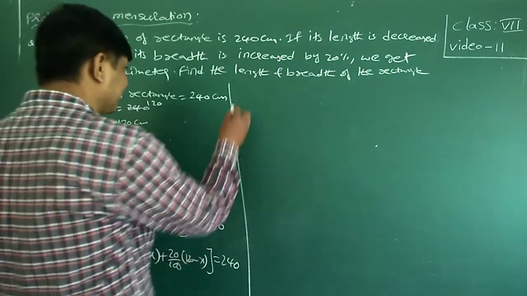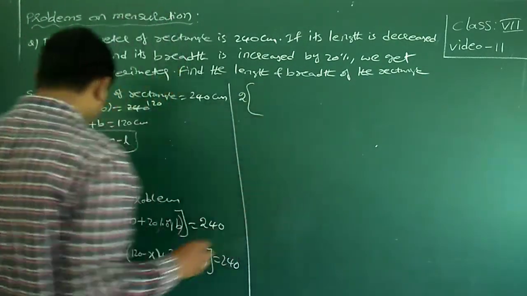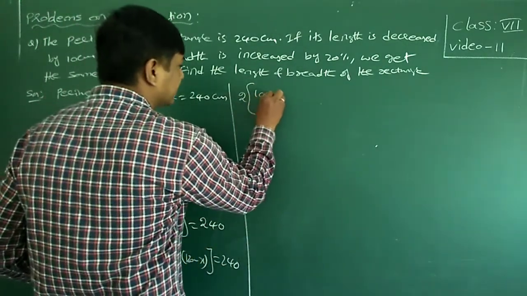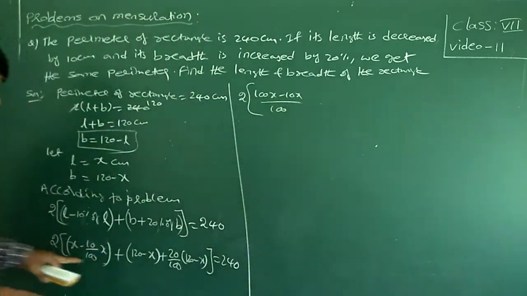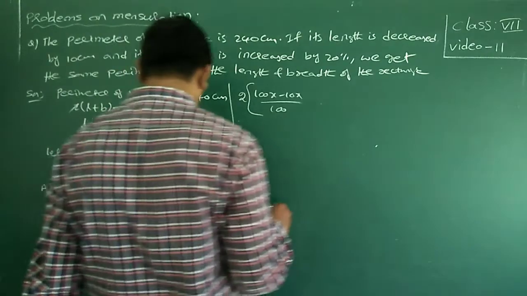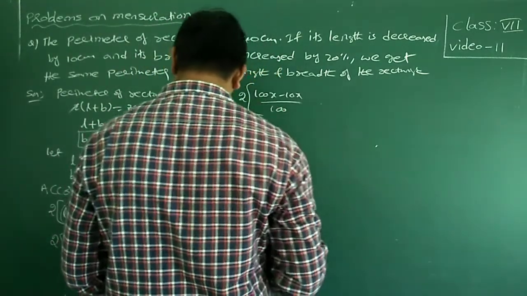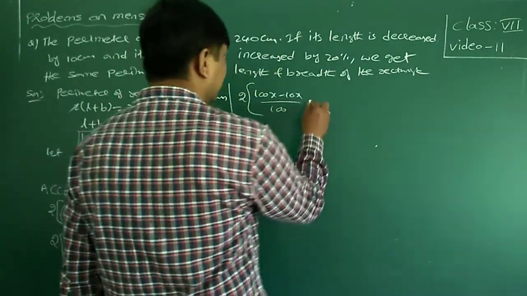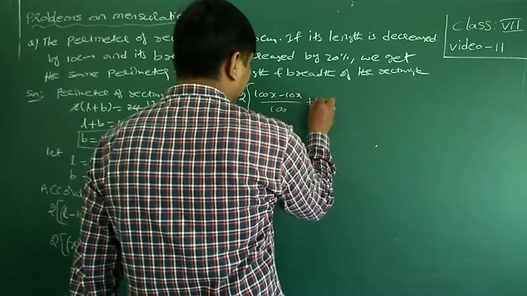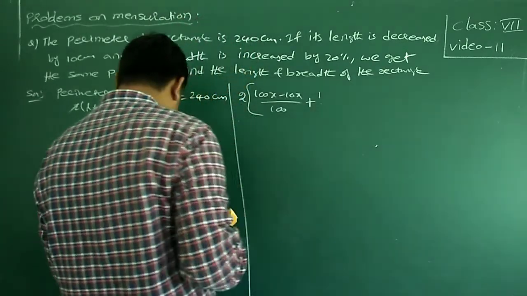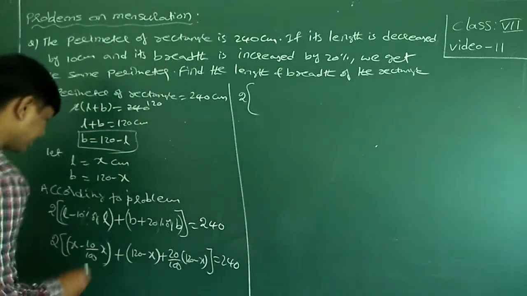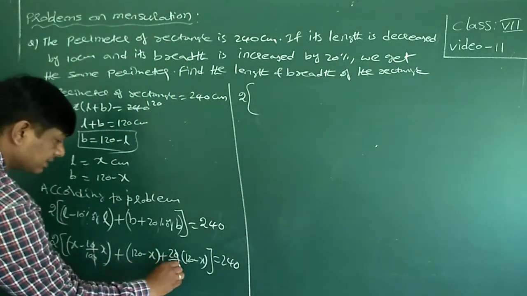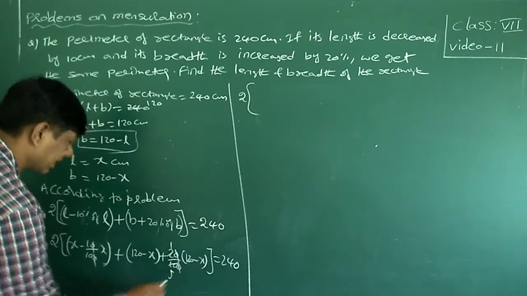Now inside the bracket simplify first. 100x minus 10x by 100, here LCM. Zeros cancel, 2 ones are 2, 5 twos are 10.